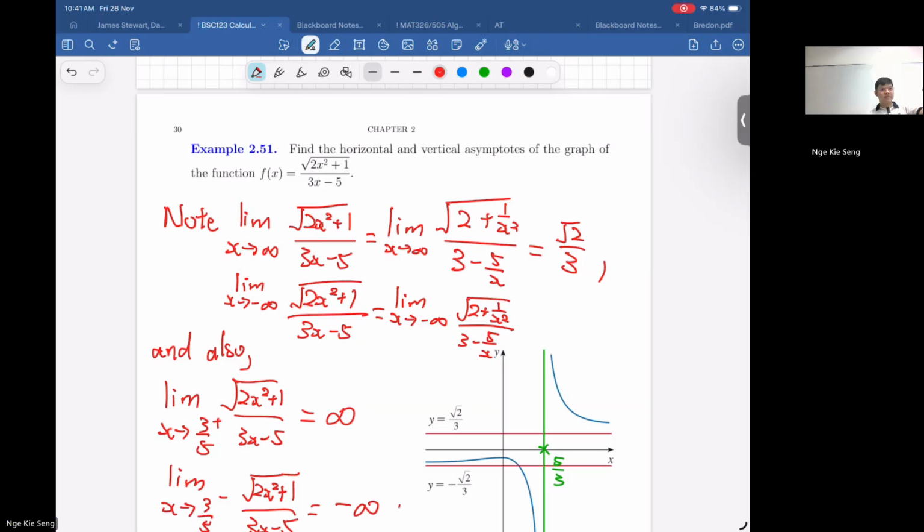Inside the root 2x squared. You mean the square root of x squared like that? But do we get the second thing to be your horizontal asymptote? Let me see here.